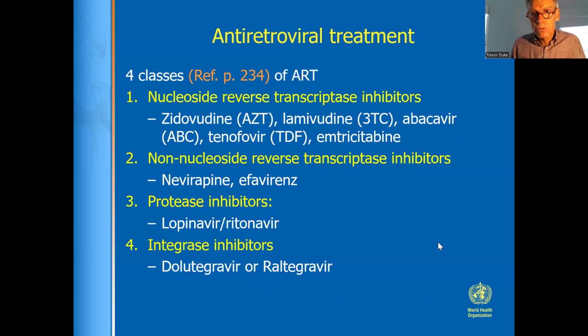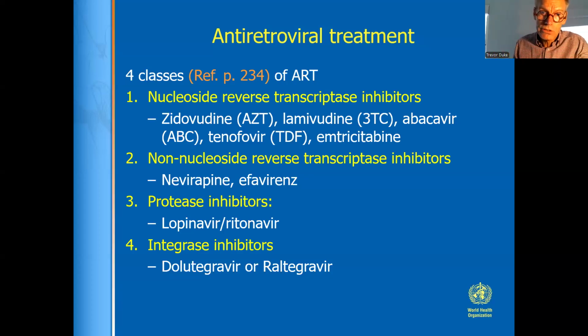HIV antiretroviral therapy is complicated. It's all described in the Pocketbook of Hospital Care for Children. There are four classes of ART, and there's some older drugs that were around in the late 1990s, and there's some newer drugs that have been around for 15 years, and then there's some other drugs, the integrase inhibitors, that have only been around 5 to 10 years.